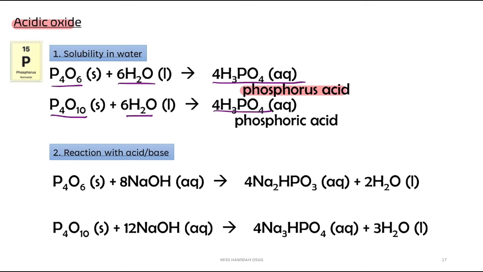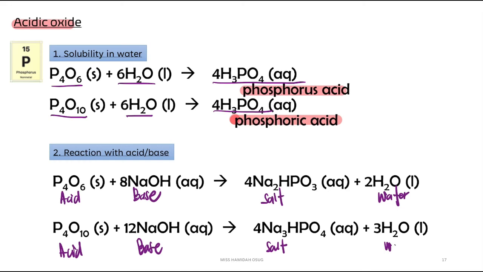And when we react the phosphorus pentoxide and phosphorus trioxide with the base solution, both of these oxides will give the products salt and water, which proves that phosphorus pentoxide and phosphorus trioxide are acidic oxides.